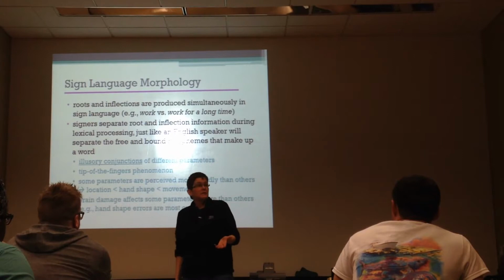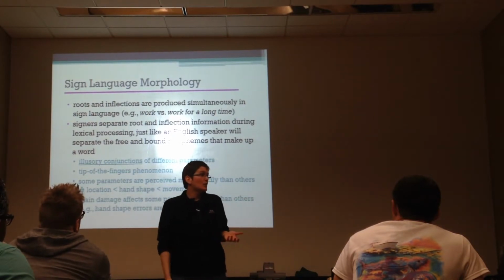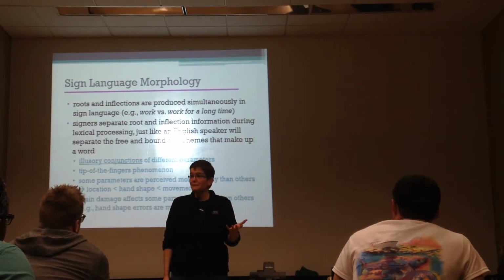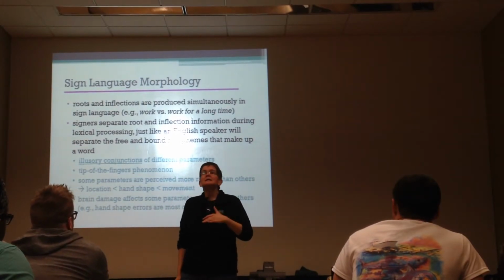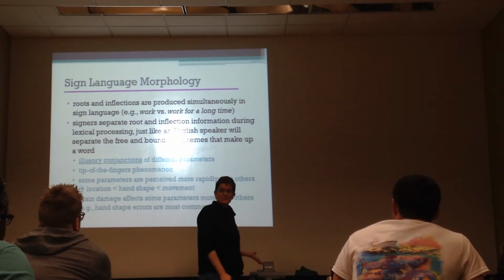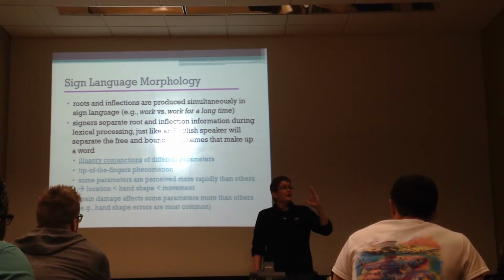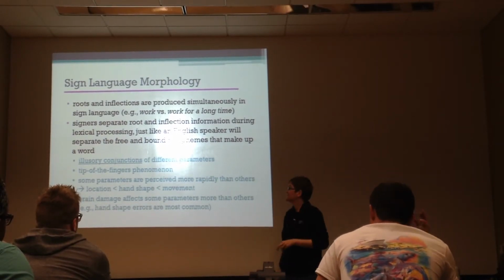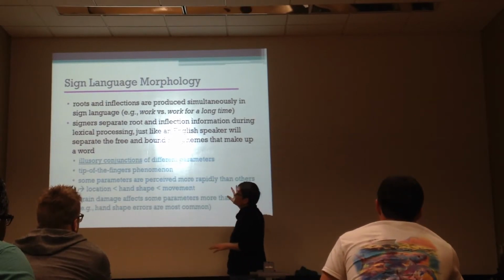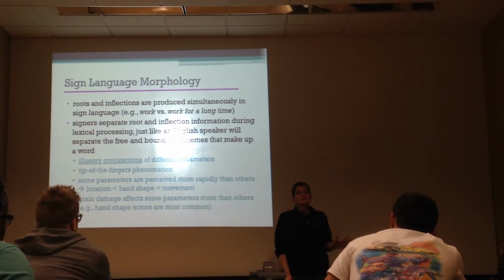And just like speakers of oral languages can figure out what word you're saying with just a tiny bit of information, not even the whole word, signers can figure out what sign someone's making by just using a little bit of information. But what we have learned from research like this is that they actually perceive some of the parameters faster than they perceive others.